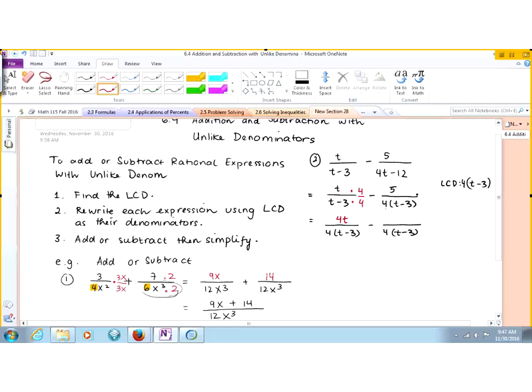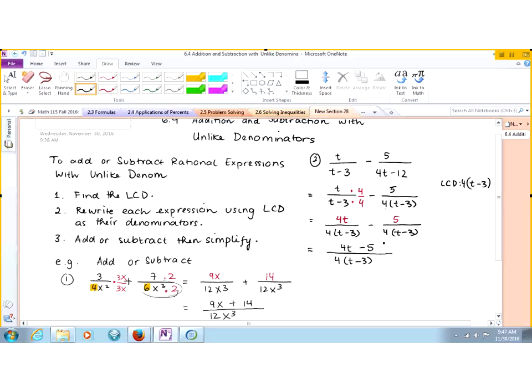This is 4 times (T minus 3). Am I missing anything? No? So we just copy the 5. We're not multiplying by anything. Right? So what is this equal to? 4 times (T minus 3). And what is left here? What do I have on top? Yes. Finished.